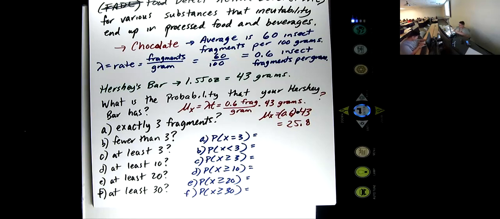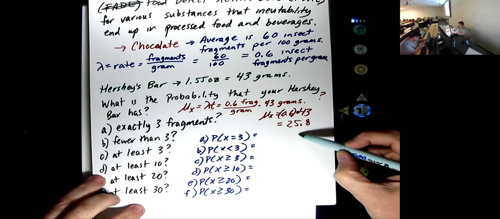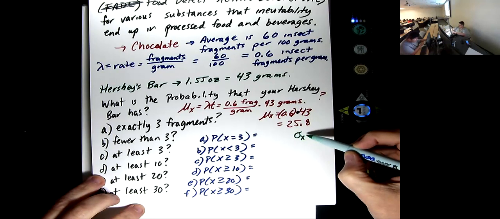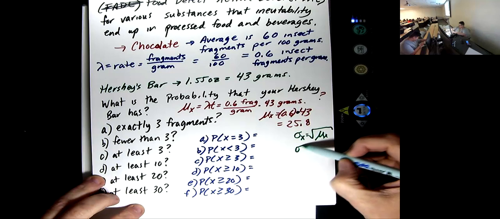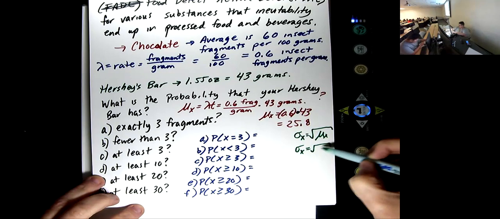And if we need it, we don't, but if you're asked to calculate the standard deviation, it's the square root of the mean, so square root of 25.8, whatever that is.